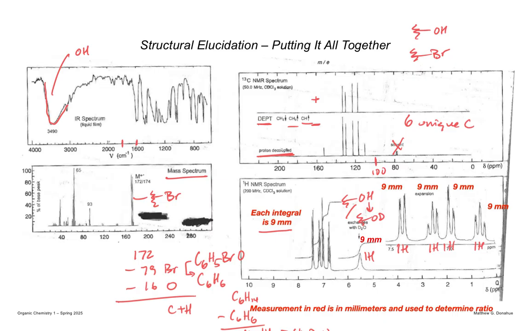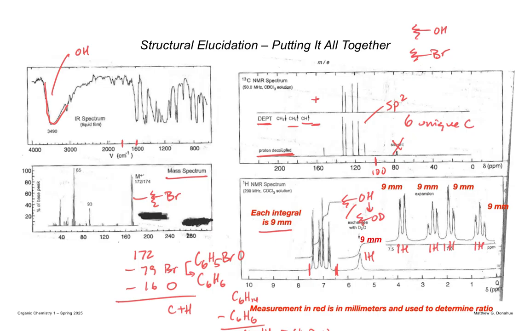So here's another sort of intuition thing that you'll develop. When you start having a lot of degrees of unsaturation, like 4, and then you see the regions in which these signals occur. So these were sp2 hybridized carbons. Notice in the proton NMR, this region here, so like 6.5 to like 7.5.